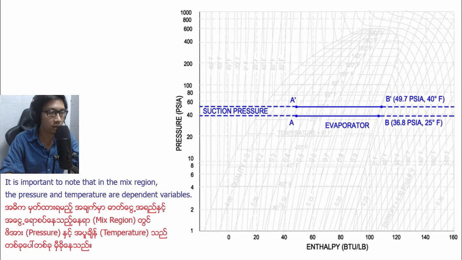It is important to note that in the mist region, the pressure and temperature are dependent variables.